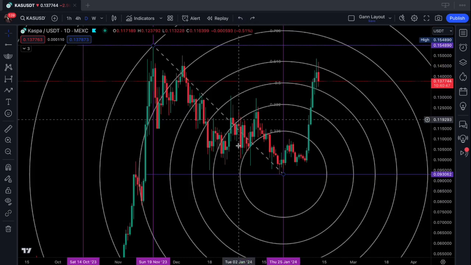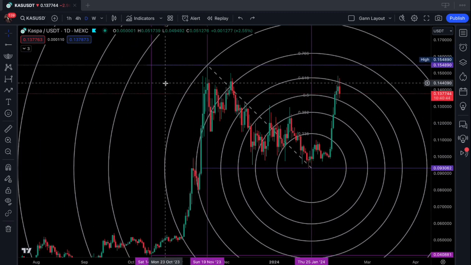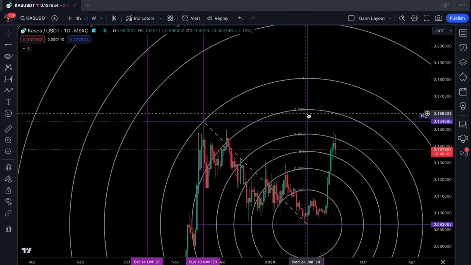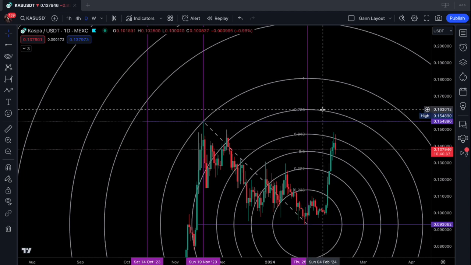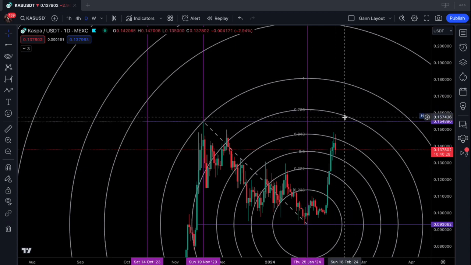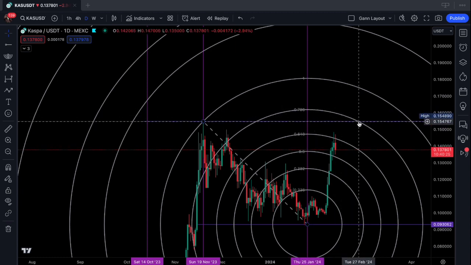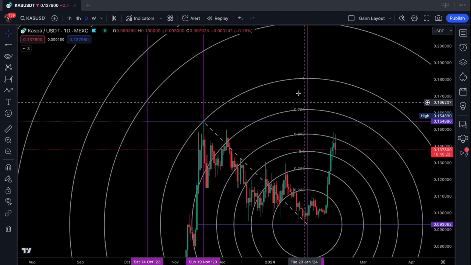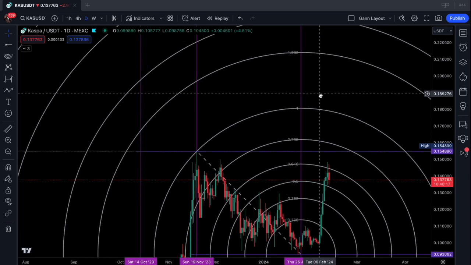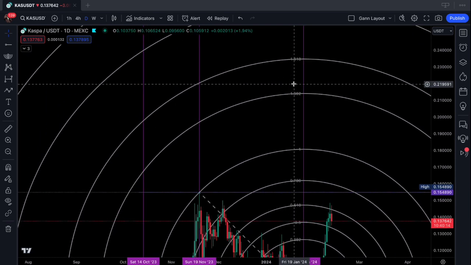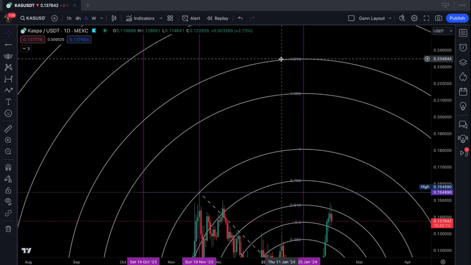Now, another advantage is that it helps us to project price's behavior in levels that we don't have any history about. For example, we will know in the future if this arc, the 0.786, was relevant to Kaspa's price action. I'm assuming that the one level will be relevant, and I'm counting on the 1.618 to be relevant in the future to act as resistance.